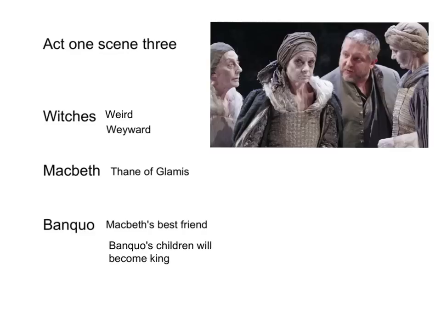All right, so that becomes kind of our prophecies throughout the story. That Macbeth will become the Thane of Cawdor, and now that the Thane of Cawdor is dead, this is a thing that is literally about to happen, and he's not the King of Scotland. So that's kind of out of the question, at least at this moment.